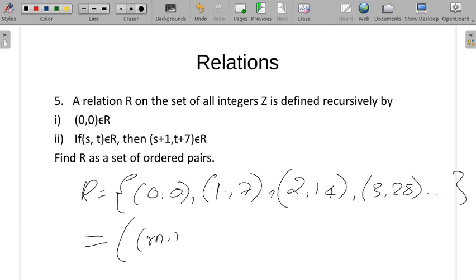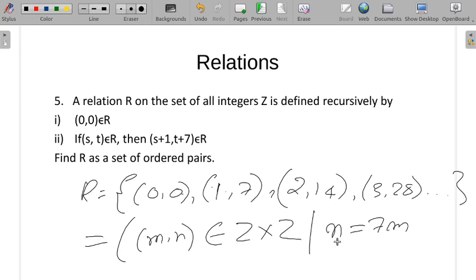So we can say that (m, n) is an ordered pair of integers such that if you multiply the first element by 7, you get the second, n equal to 7m.